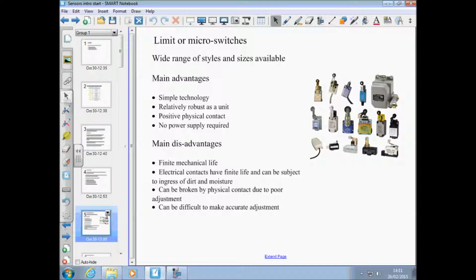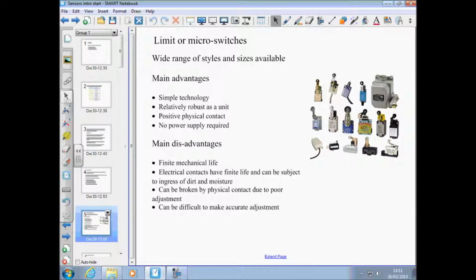The main disadvantages with them is because they're mechanically operated, they have a finite mechanical life. The contacts have a finite life as well, and you can get dirt and moisture in them under certain conditions. They can be broken by physical contact due to poor alignment.